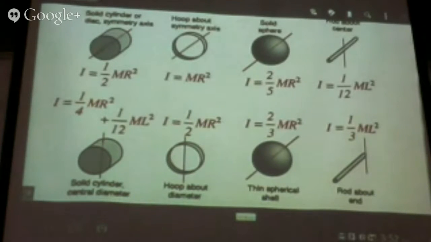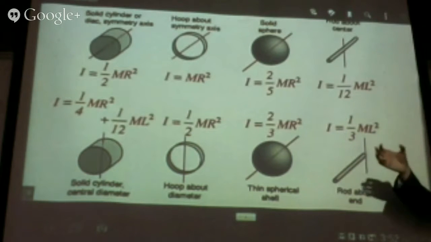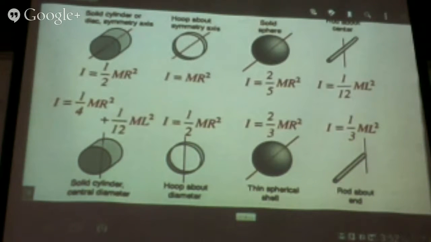Our textbook and the review book that you have both have tables of some common shapes and how we would figure out their rotational inertia. So what they've done here is they've thought about each atom on this thing is a certain distance away from this axis of rotation. So for each atom, let's do the mass of the atom times the distance away from the center.